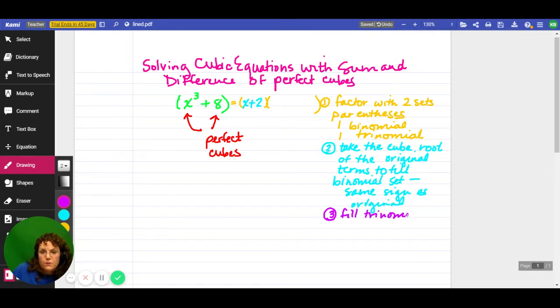All right, now in order to fill my trinomial set, there are 3 different things you have to do. First thing I'm going to do is square. You're going to square the first binomial term. So the first binomial term is x, so x squared is going to go there.